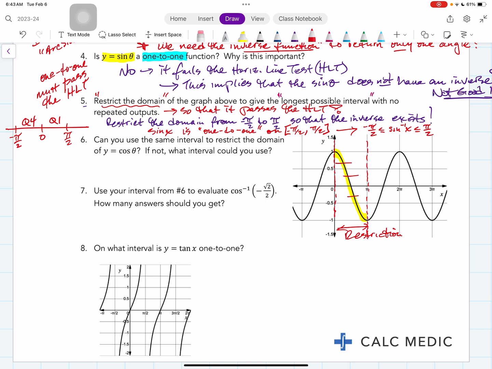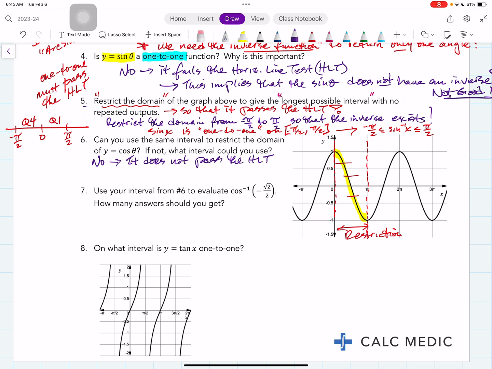So the answer to our question here, number 6, can you use the same interval? You say no, because it doesn't pass the horizontal line test. And then if not, what interval would we use?